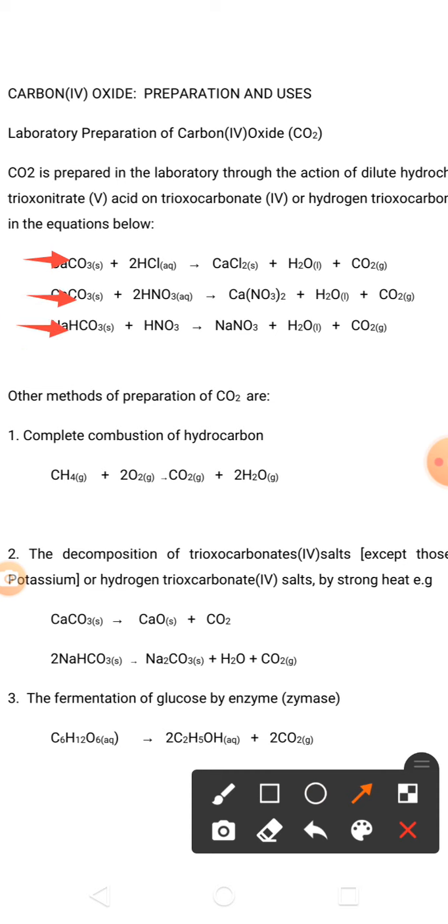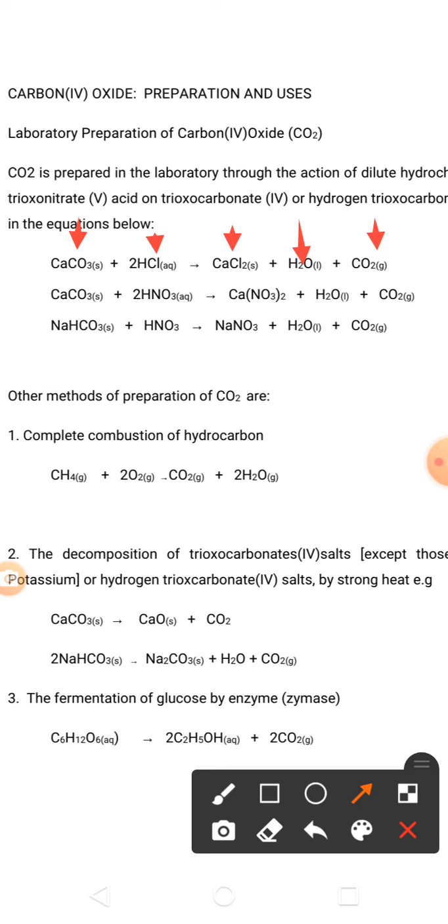In the first one, you have the action of dilute hydrochloric acid reacting with calcium carbonate. This calcium carbonate will give you calcium chloride, water, and carbon dioxide. Please take note of that.